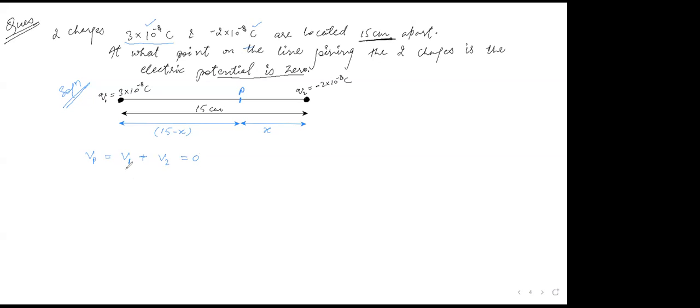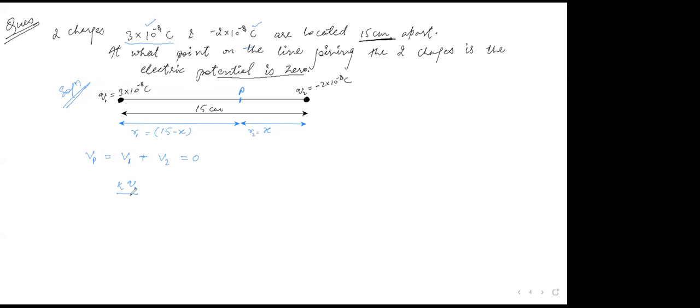And now what is your V1? The potential due to charge Q1 at point P is your V1. V1 can be written as K Q1 over R, what is your R from Q1 to P? From Q1 to P, you can take here this is your R1 and this is your R2.